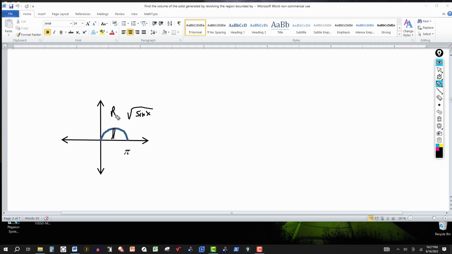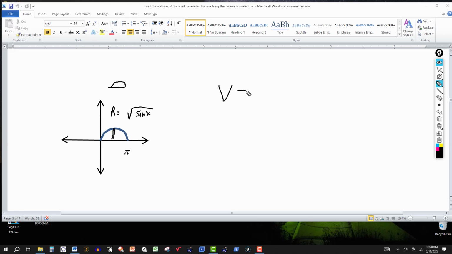That's your capital R, the outer radius. Like I said, if this had been somewhere up here, then you go from here to up here to get capital R, and from here to get lowercase r, and then you subtract those. But in this case, we're just dealing with one integral.